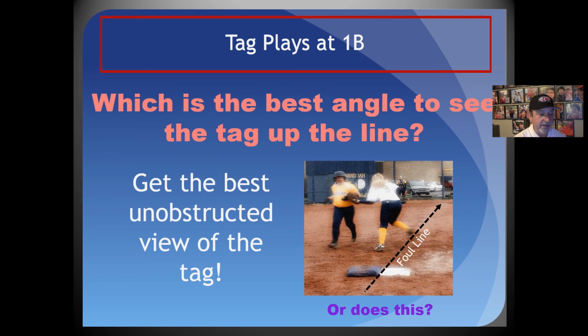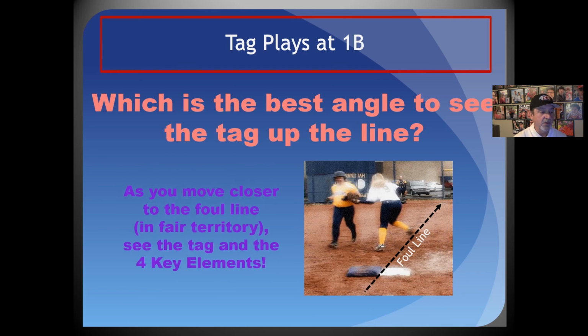This picture does a great job of showing that you get to that foul line, or close enough, not beyond the foul line, and you can see that tag. But you've got to make that adjustment to get the best unobstructed view of the tag. As you move closer to the foul line in fair territory, make sure you see the tag and you've got all four key elements in front of you: the ball, the base, the offense, and the defense.